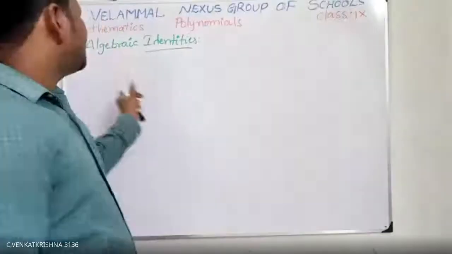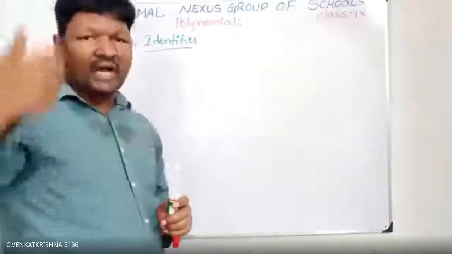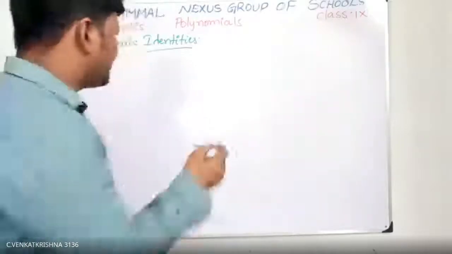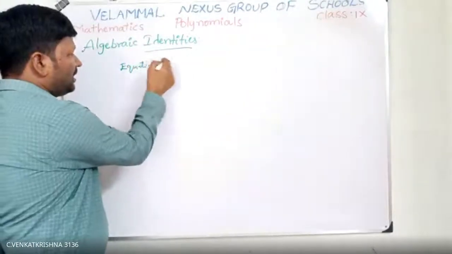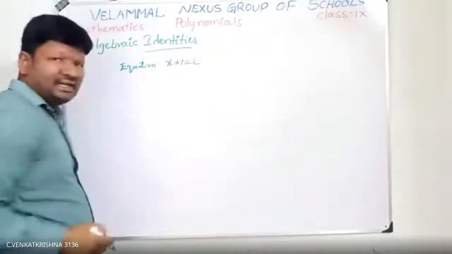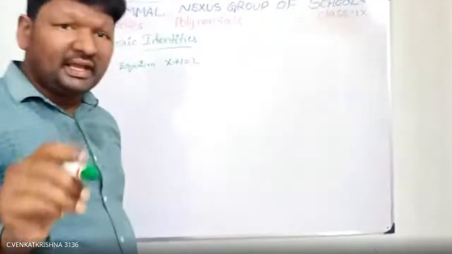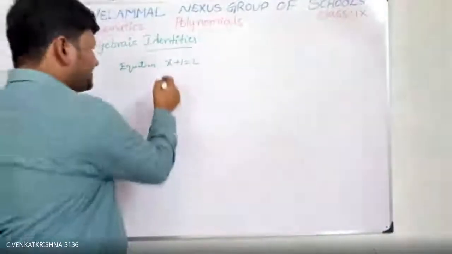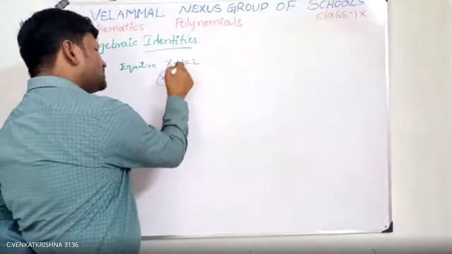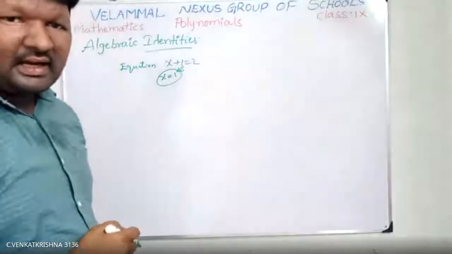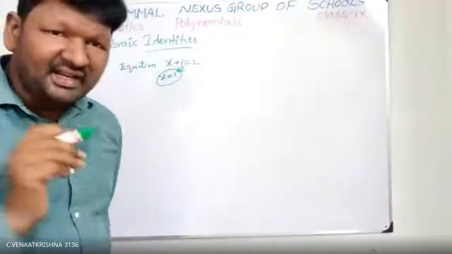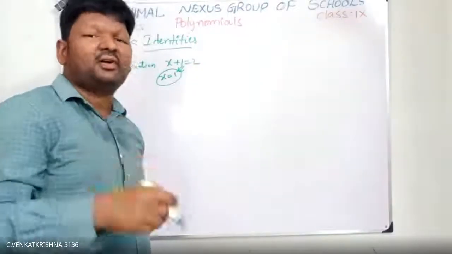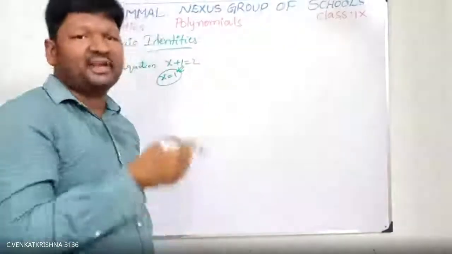But the difference between an equation and an identity: for example, the equation x plus 1 is equal to 2 is satisfied only if x is equal to 1. Only in that case is it balanced. Otherwise, if you take x as 0, 2, or 4, it does not balance. This is an equation. But an identity is true for all values of the variables present in it.